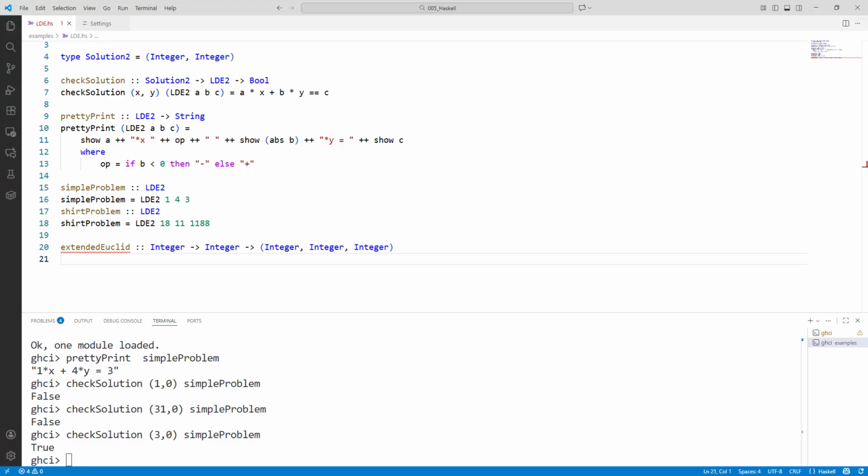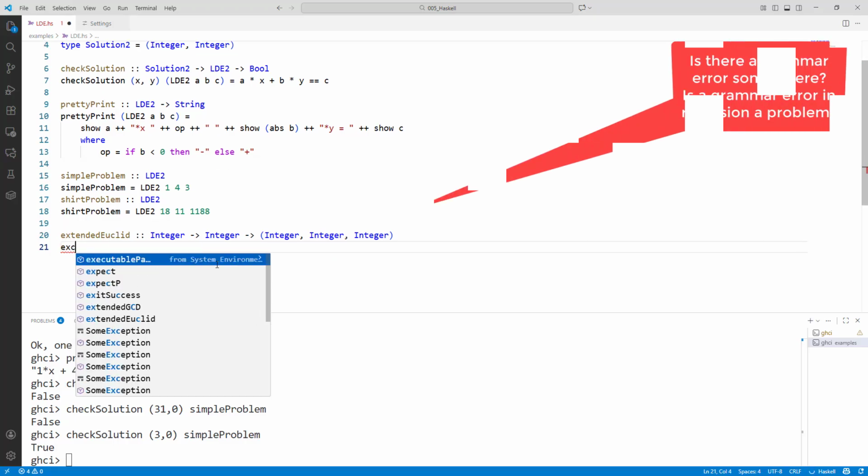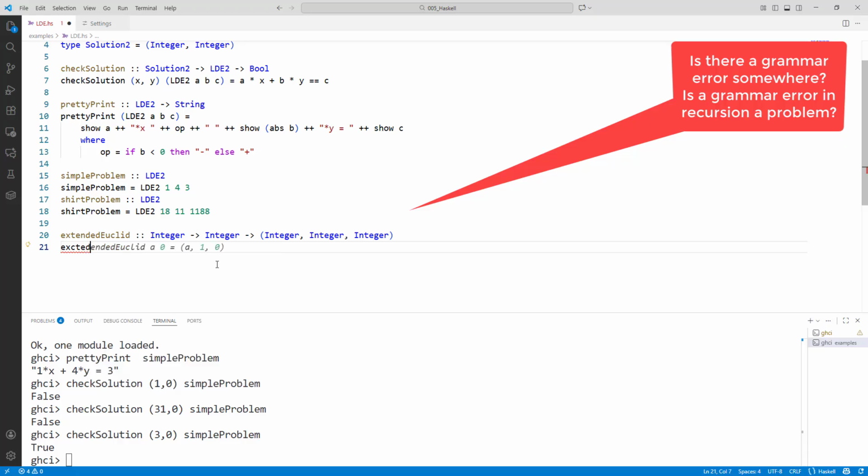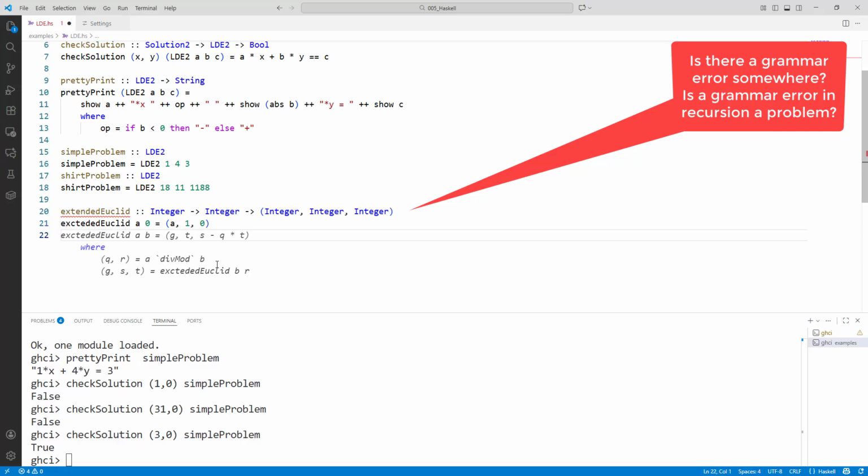It's A. So something like this: A, 1, 0 should be working. Why is something like this working? The idea is that this one is A, the one that we are giving, this one is 1, this one is 0.